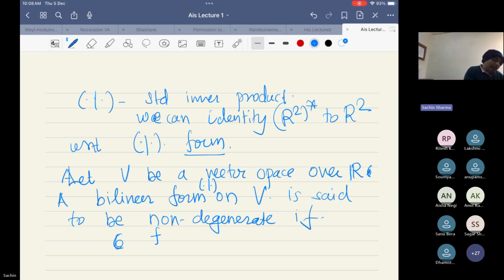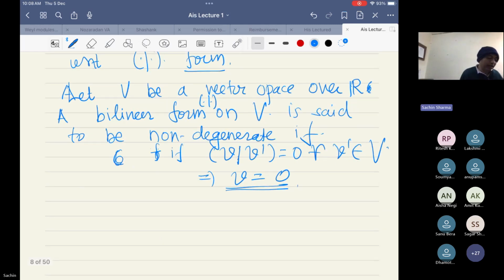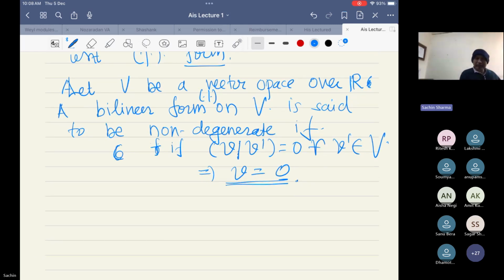That is, if the form of V and V dash is equal to 0 for all V dash belonging to V, then that implies that V is equal to 0. Okay. That is the thing. Now, this is a very crucial property.